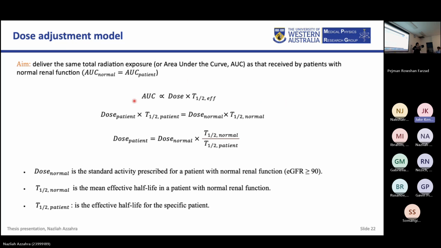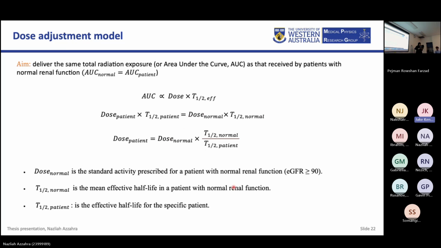And mathematically, the AUC is directly proportional to the administered activity. For a patient with reduced renal clearance, if the administered dose remains unchanged, it will increase the area under curve beyond what we want.